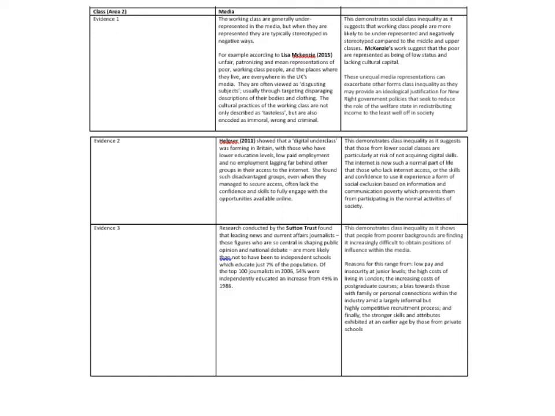Then you would do the same with your second piece of evidence. So you would have another paragraph where you described and then interpreted the evidence, and then you would do exactly the same for the two pieces of evidence for the other area of social life, which was the material on politics on the previous slide.